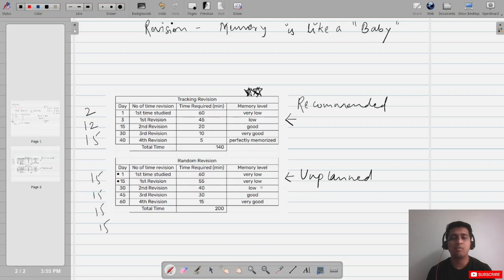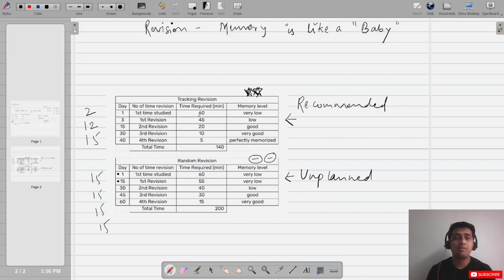So memory doesn't improve much. It takes a lot of time. Even after 60 days, the stats show it's a very good memory, but here within 40 days we have reached a perfectly stored memory. So on memory, again we are on the negative side. It's totally negative. It's not good to have a random revision.